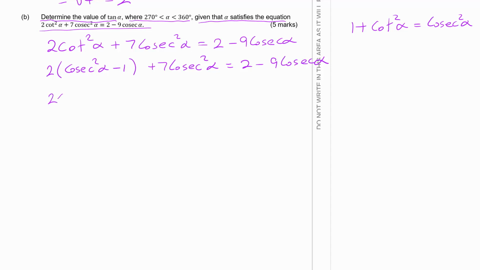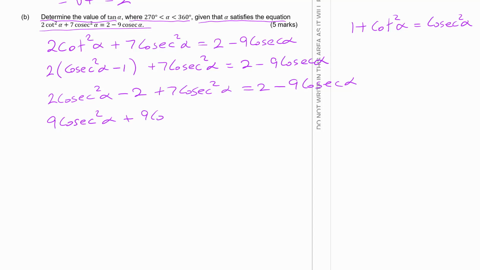So 2 cosec squared alpha take away 2 plus 7 cosec squared alpha is equal to 2 take away 9 cosec alpha. And combining that gives me 9 cosec squared alpha plus 9 cosec alpha. So we're bringing this over to the other side, take away 4 is equal to 0.